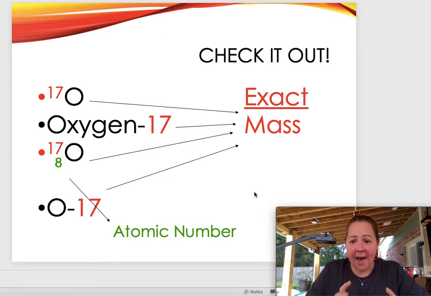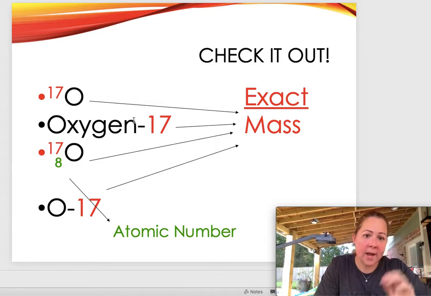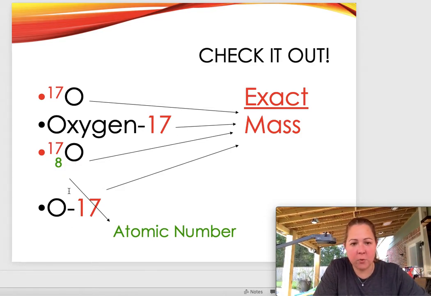So when we know the exact mass, we have to give the exact mass. So here in 4 different ways I have oxygen written down. In all of these, this red 17 is the mass number. We know the exact mass of this oxygen is 17. That is different than the information on the periodic table.